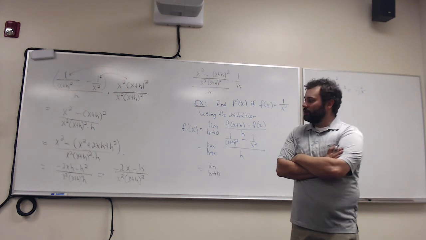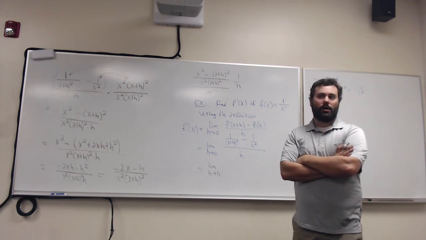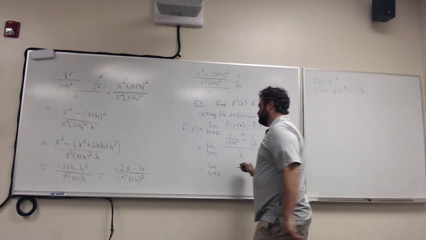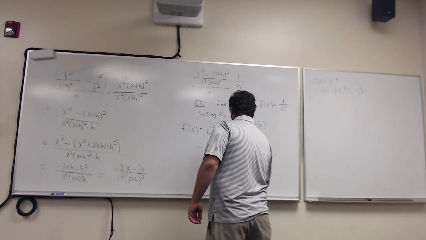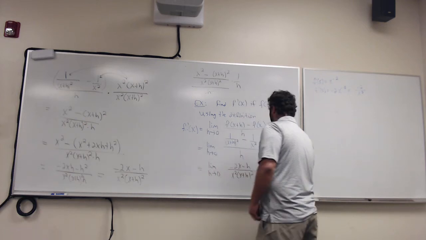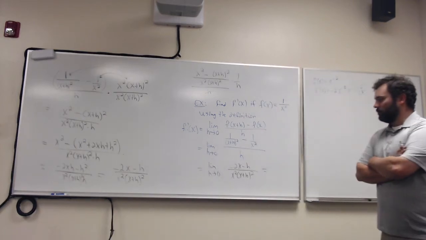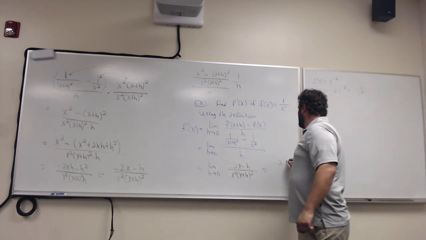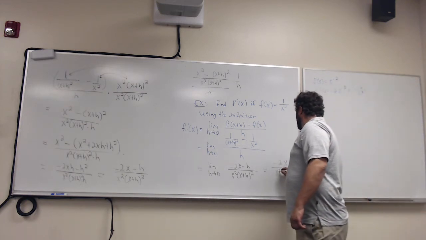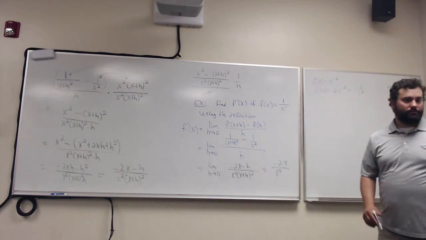So I factored an h out of the numerator and canceled it with the h in the bottom. And then now I can just plug in 0. You're going to get minus 2x over x to the 4th.